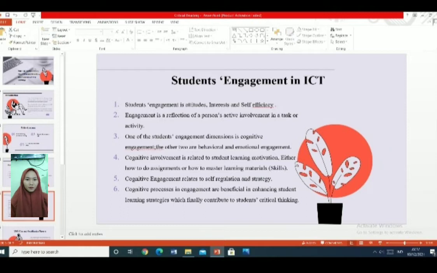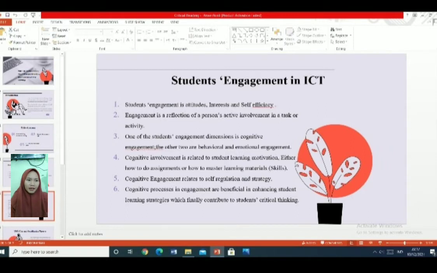And then the fourth, cognitive involvement is related to student learning motivation, either how to do a assignment or how to master learning material skills. The fifth, cognitive engagement relates to self-regulation and strategy. The sixth, cognitive processes in engagement are beneficial in enhancing student learning strategy, which finally contributes to student critical thinking.